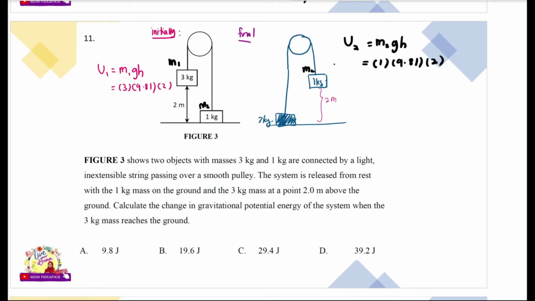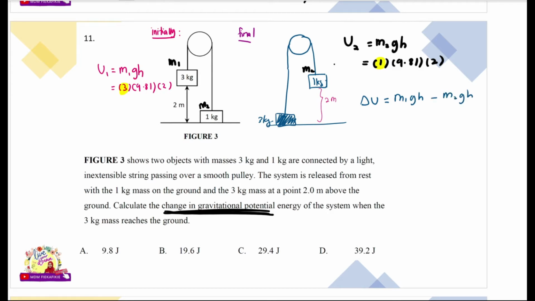Okay, so sekarang soalan suruh kita kira change in gravitational potential energy. Okay, so kalau kita tengok kat sini, ini lagi besar daripada sini lah. Potential energy for initial condition is bigger than potential energy at final condition. Okay, so we can write that delta U is equal to M1GH tadi minus M2GH.